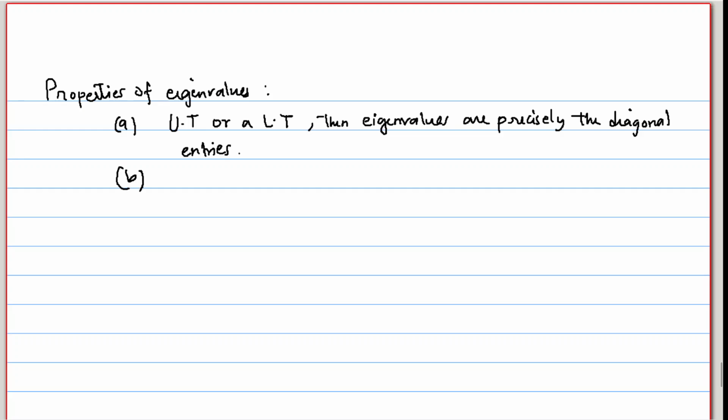So this is one. We also know that if you take the sum of all eigenvalues, you get the trace. If you take the product, you get the determinant.